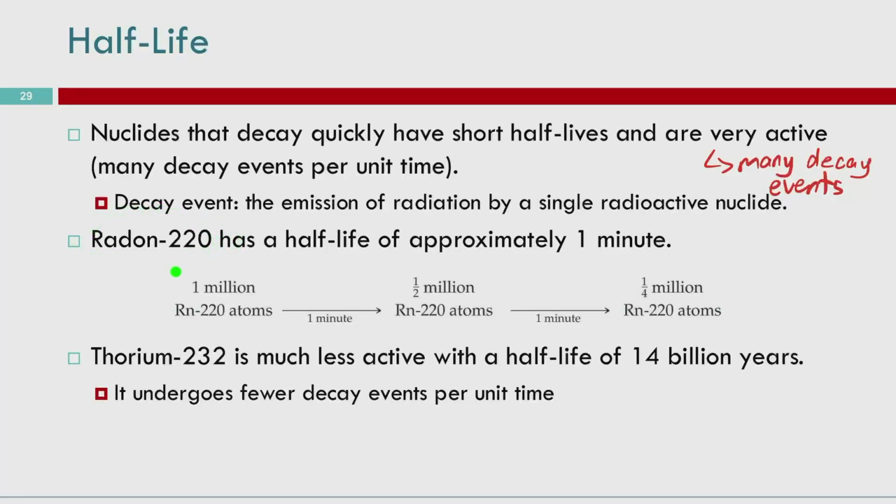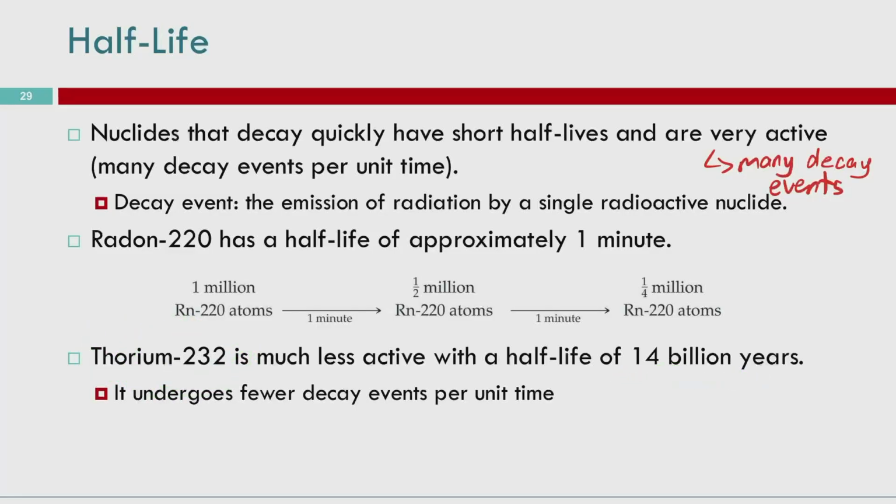And radon-220 is not something that you would want to be around because it's very active. It's going to be releasing a lot of particles or a lot of rays. So the same amount versus a much less active nuclide like thorium-232, that radon-220 is going to do a lot more damage to you because it's emitting a lot more radiation. Thorium-232 is much less active.